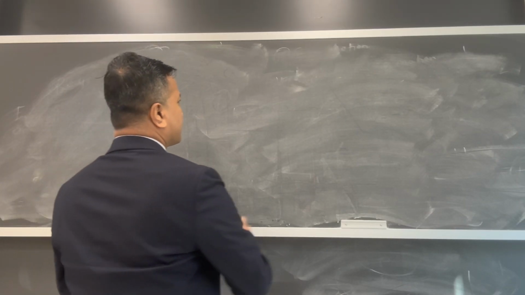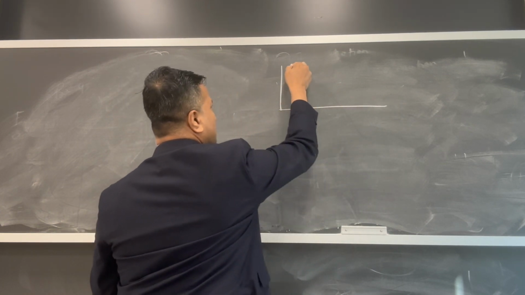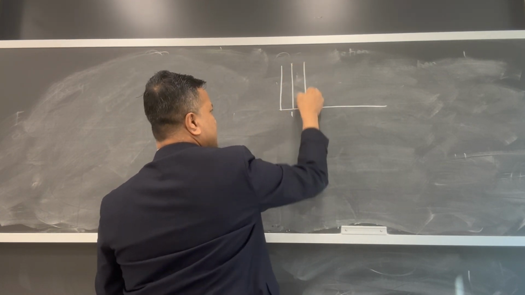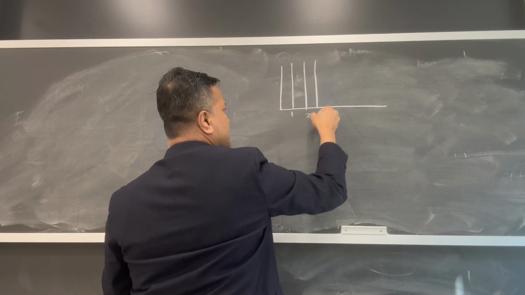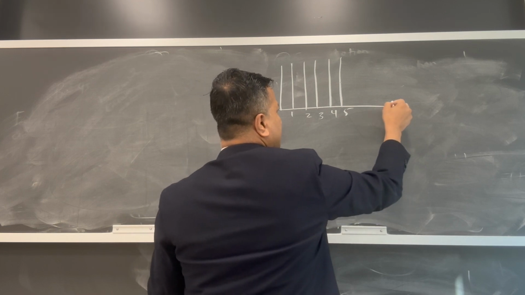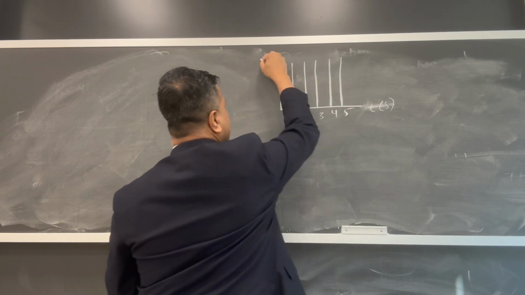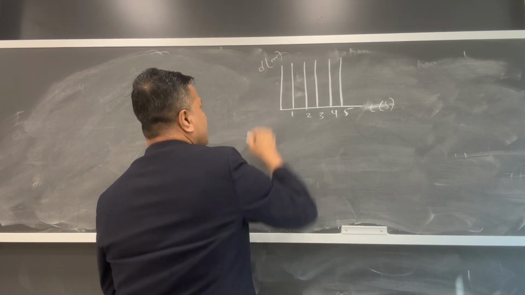Problem number 15 is pretty easy. An object moves for 1 second, 2 seconds, 3 seconds, 4 seconds, and 5 seconds. The x-axis is time, the y-axis is displacement.